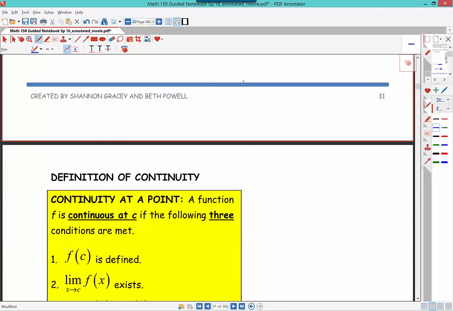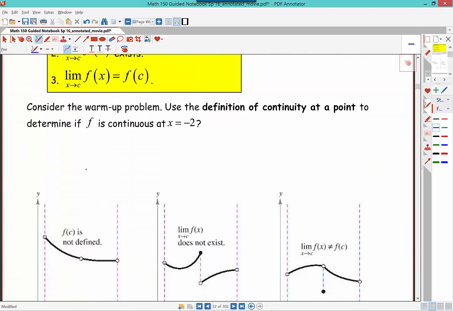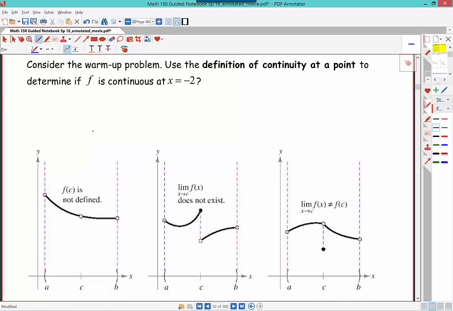So let's continue on. Oh, I was ahead of myself. So using the first one, f at -2 is not defined.